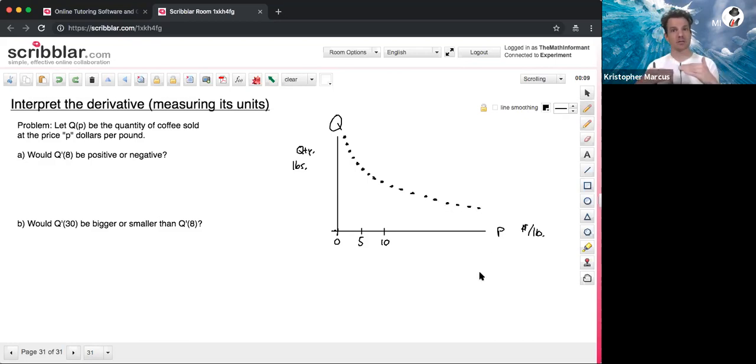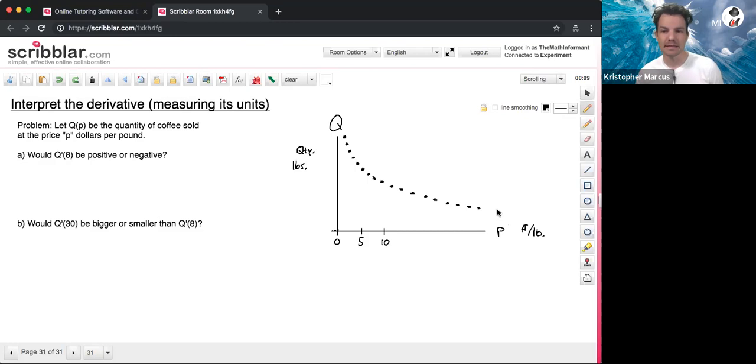Will it ever eventually cross over this horizontal axis? That's a theoretical question. Is there a price at which nobody would buy coffee? Maybe, maybe not. Usually, there's always one crazy person in the world that has a lot of money that doesn't know what to do with it, and they love to brag about how much they spent on stuff.